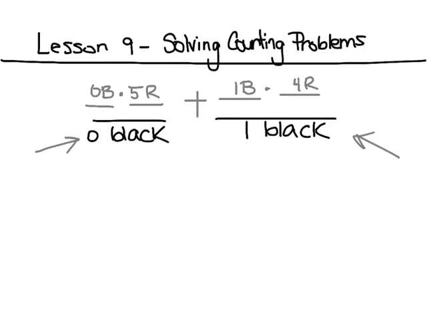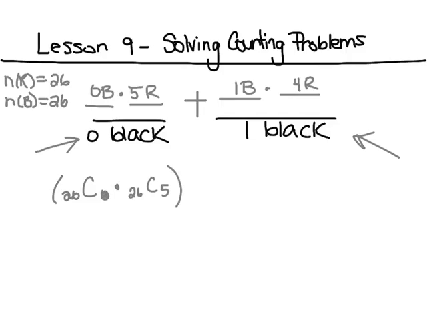So there are 26 red cards in a deck and 26 black cards in a deck. So for the first one, we have 26 black cards. We're choosing none of them. We don't want any. And for the red cards, we have 26 red cards, and we're choosing 5 of them.